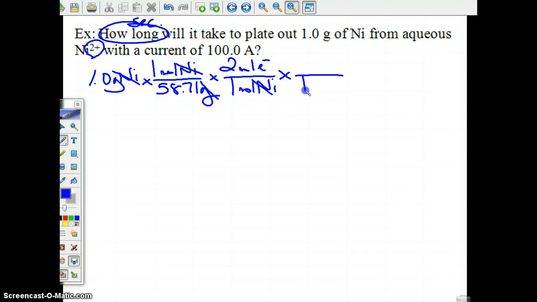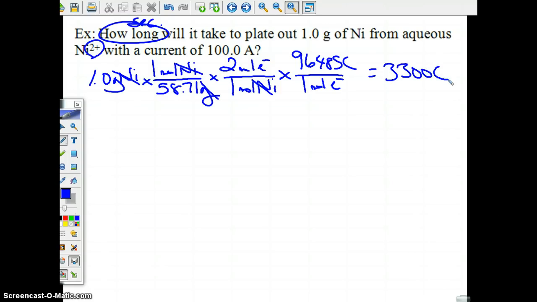And then we know that 1 mole of electrons will give us 96,485 coulombs of charge. And that will give us a lot of coulombs. I'm going to round it to 2 significant figures, 3,300 coulombs.